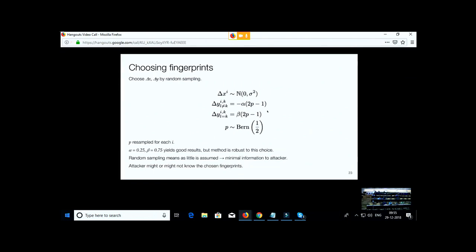But basically the idea is that we just randomly sample these delta X and delta Ys before training, and then we fix them. The good thing about this is that the random sampling means that we assume very little, and we give minimal information to the attacker about any sort of bias that we might have introduced by trying to be clever about choosing delta X and delta Y. And again, the attacker might or might not know the chosen fingerprints.